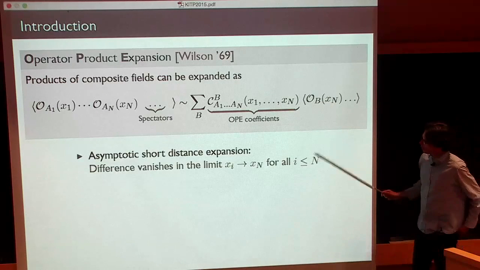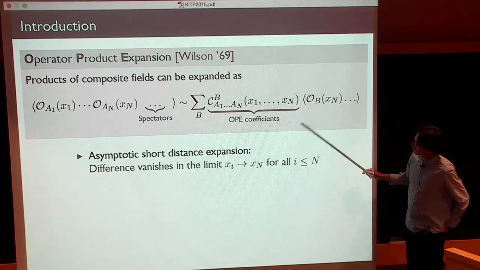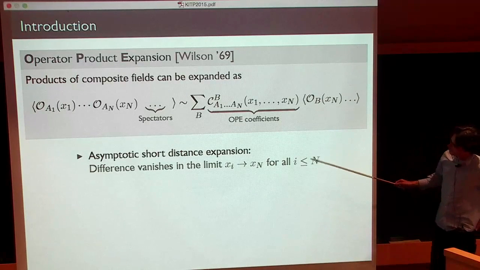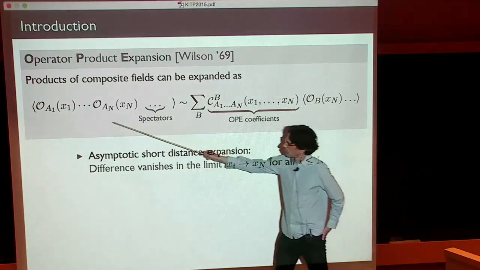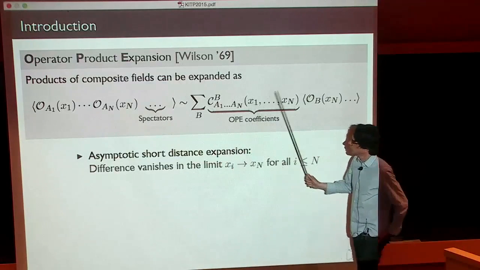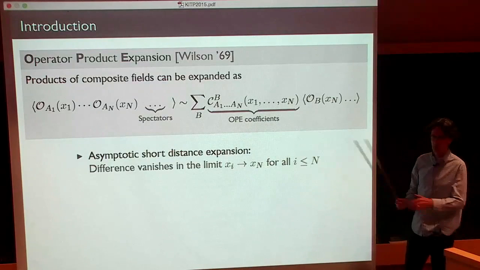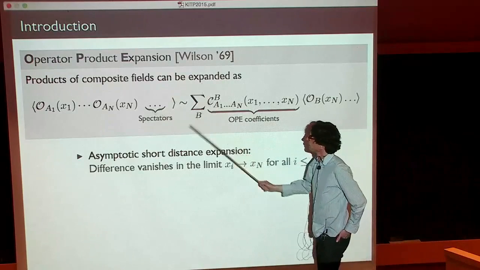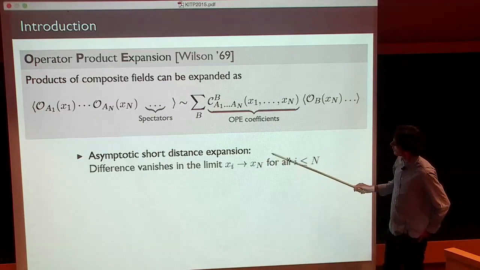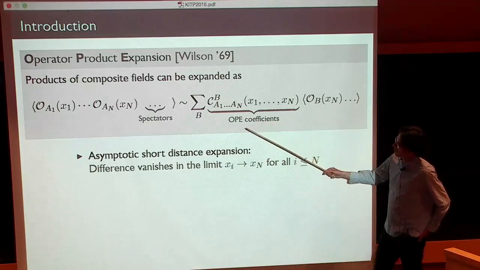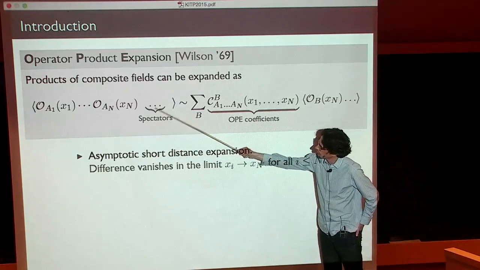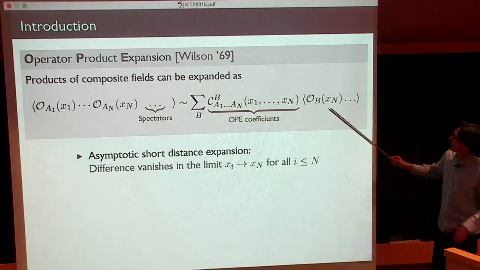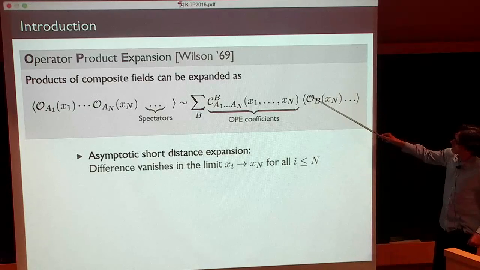So when it was proposed, the idea was pretty much that it's a short distance expansion, which means that you scale all these points towards a reference point, which you can take, for example, to be the last one or the center of mass point. It doesn't really matter for me; it's always the last one. So in this way of thinking, it's a sort of factorization of this correlation function into a short distance part, which is this bit, and a long distance part, which is this bit.